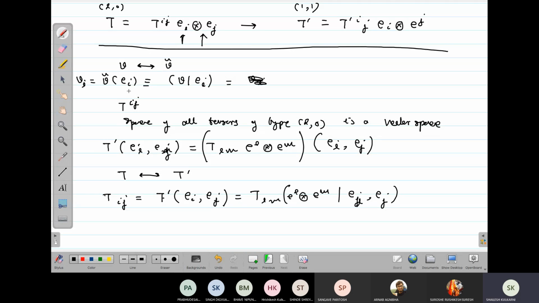But now I can do the reverse thing. What I will do, I will consider a vector, and the action of this vector on any dual vector is supposed to give me a real number, or a field over which the vector space is defined.